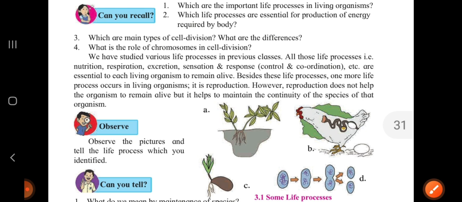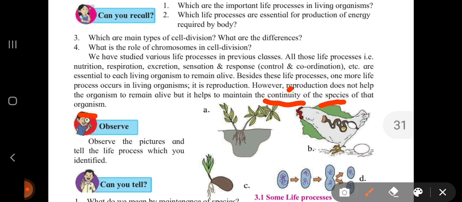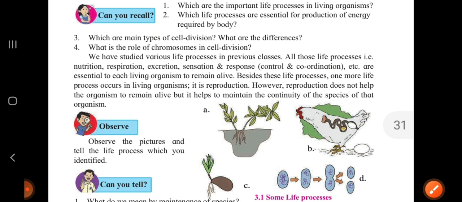So reproduction does not help the living organism to remain alive, but it helps to maintain continuity of the species of that organism. So here the continuity of the species of that organism is because of the process of reproduction. So in that sense it becomes one of the important life processes in all living organism.